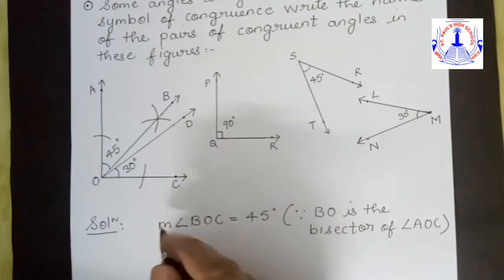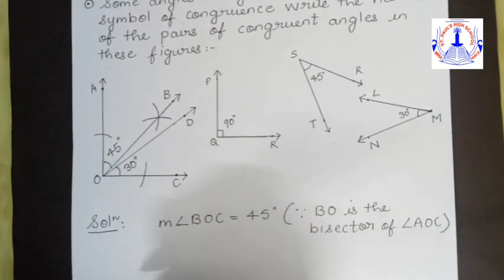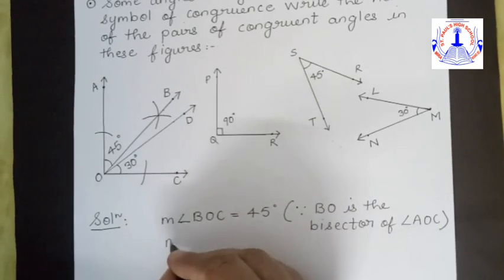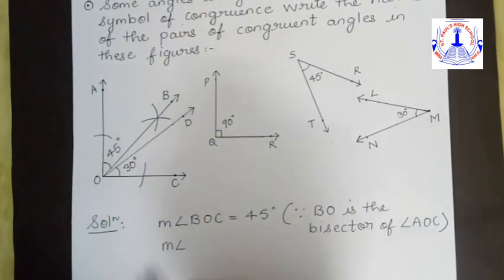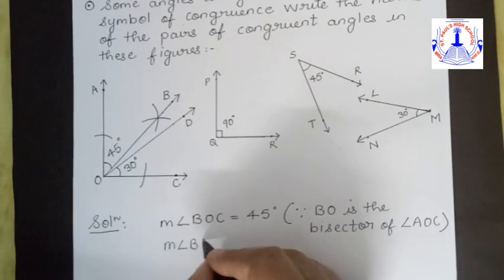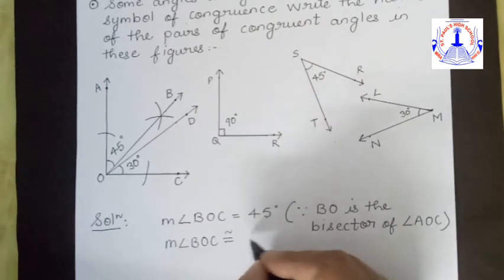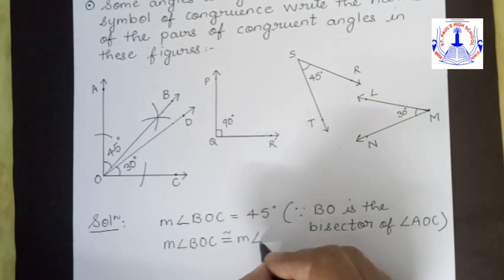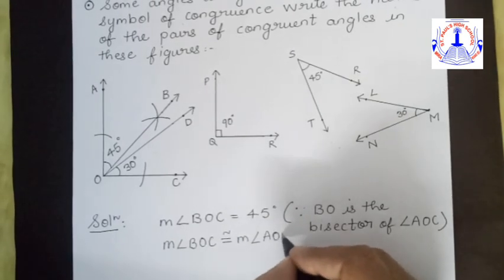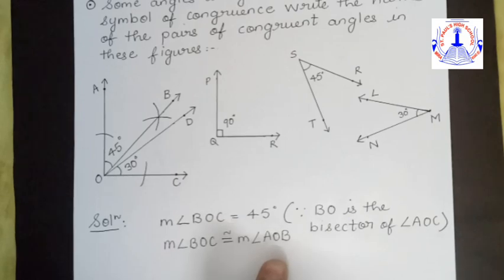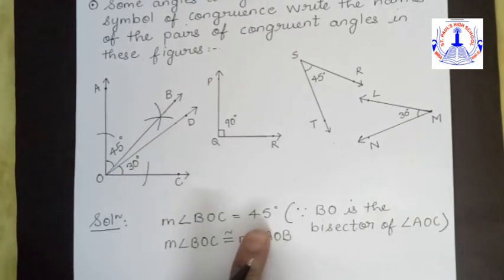Now we will write other pairs of congruent angles here. Measurement of angle BOC is congruent to measurement of angle AOB because both are 45 degrees. Here it is 45 and here it is 45.